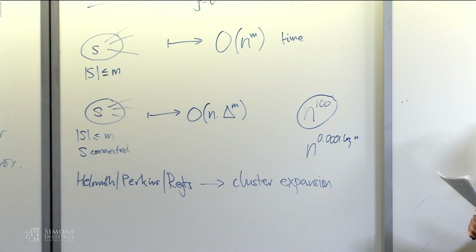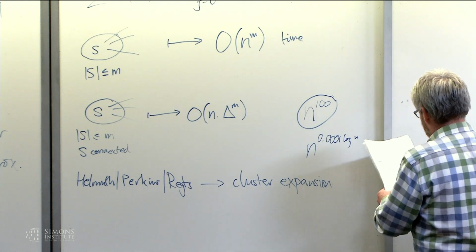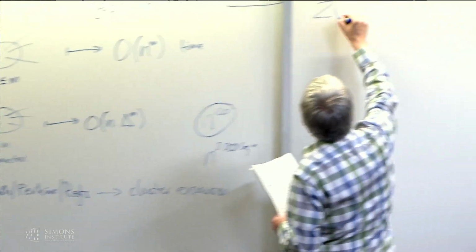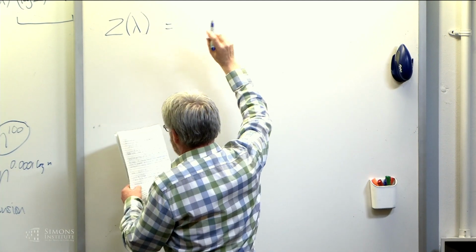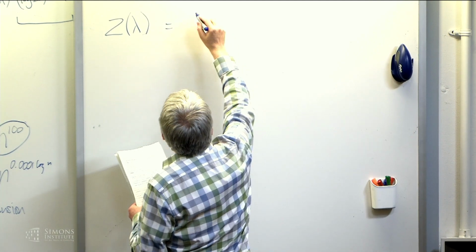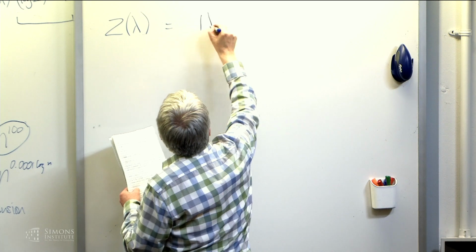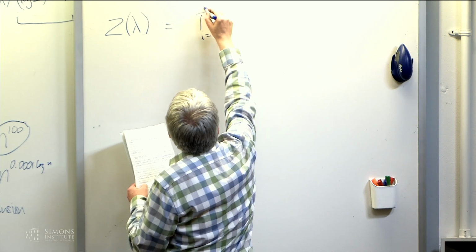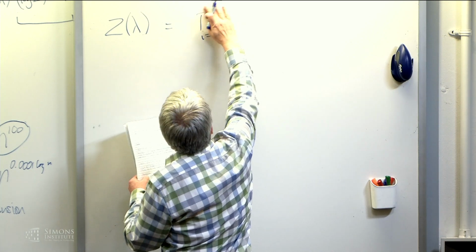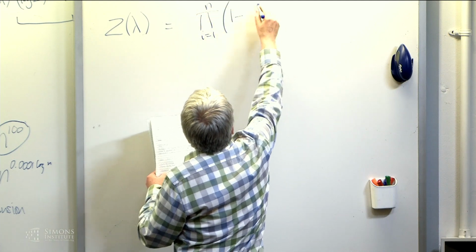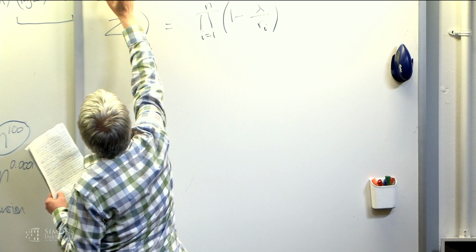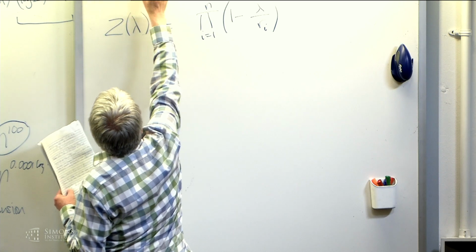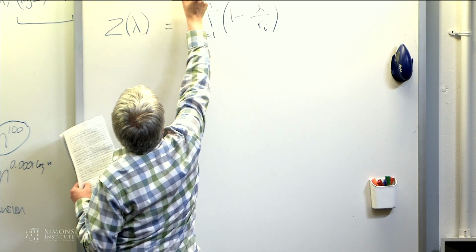So let's write Z as, let's suppose the roots of Z are R1 through Rn.